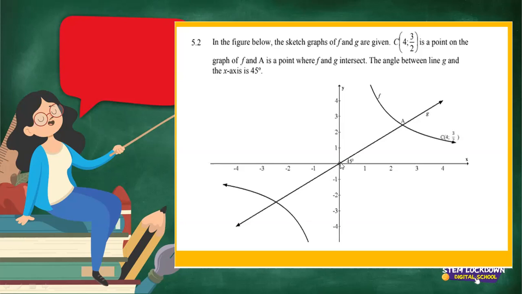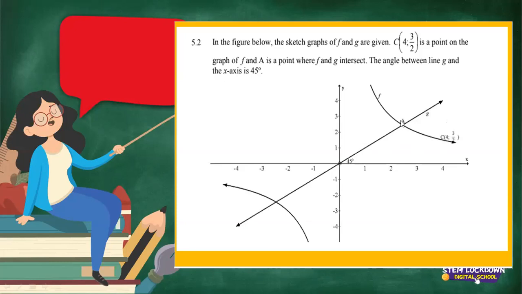So basically, the equation of G is y equals x. The c is 0.